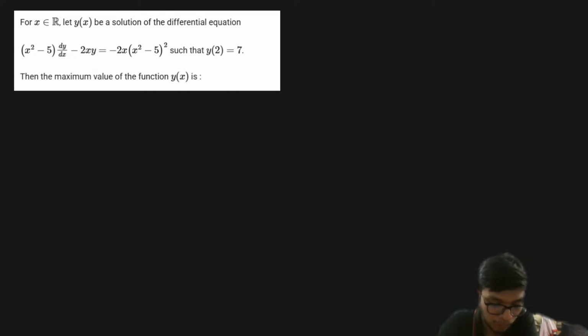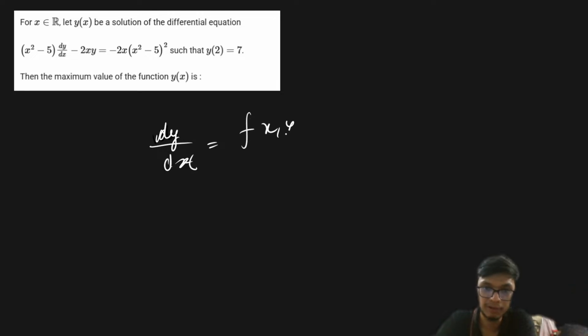What is basically homogeneous, you have to understand over here, is that if you have any differential equation which is of the form dy upon dx is basically equal to f of x comma y divided by g of x comma y, right?